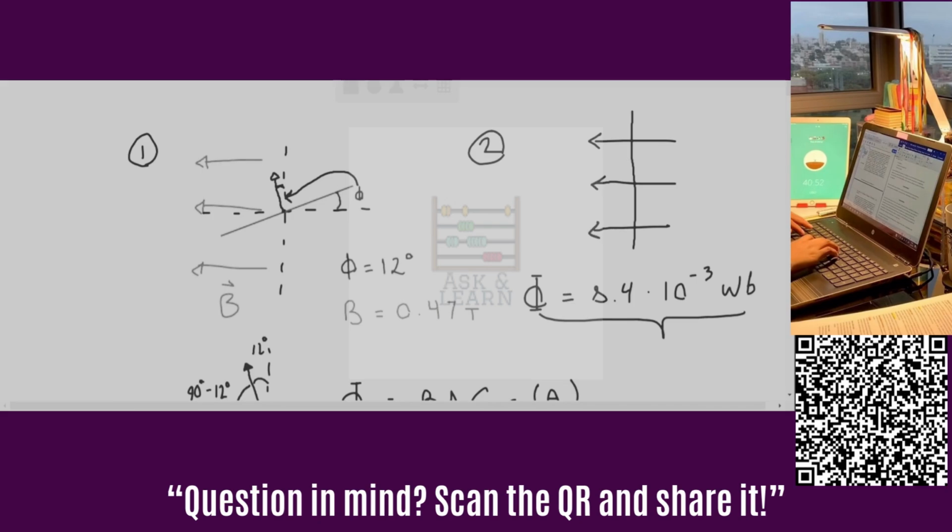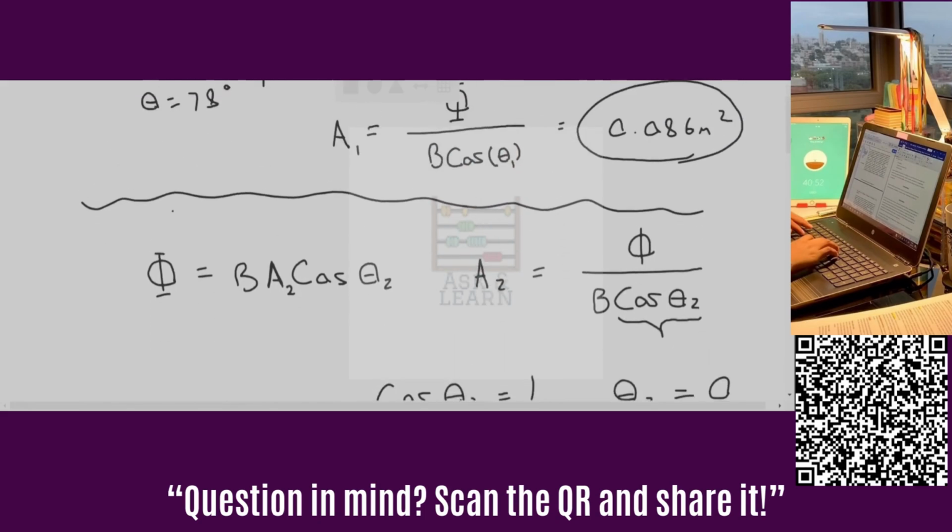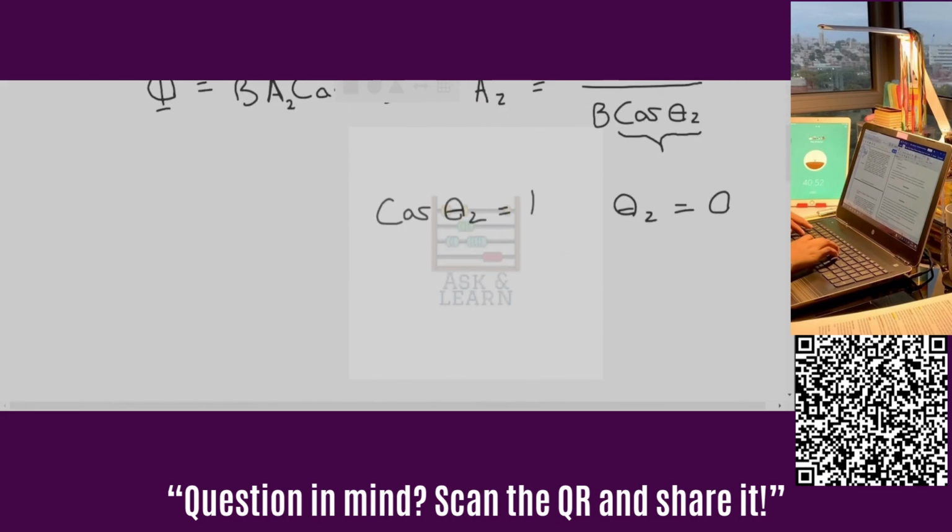The angle between our surface normal and the magnetic field is then 0, because they're pointing in the same direction. This could be our surface normal here, and the black ones would be our magnetic field lines. Either way, theta sub 2 is 0, and the cosine of theta sub 2 is 1.